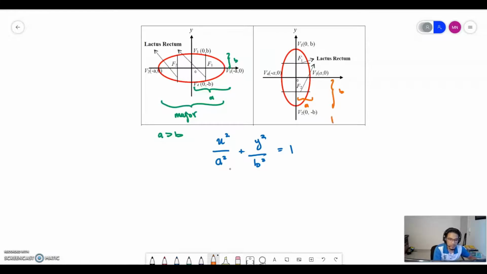So you can see b is bigger than a. So when a is bigger than b, where a is bound to the x, then we will have a horizontal axis. When b is bigger than a, where b is bound to the y, then we will have a vertical axis.